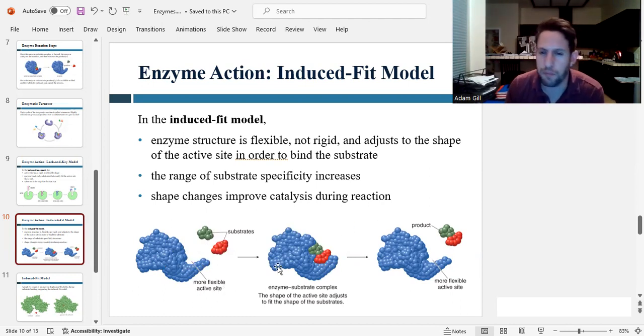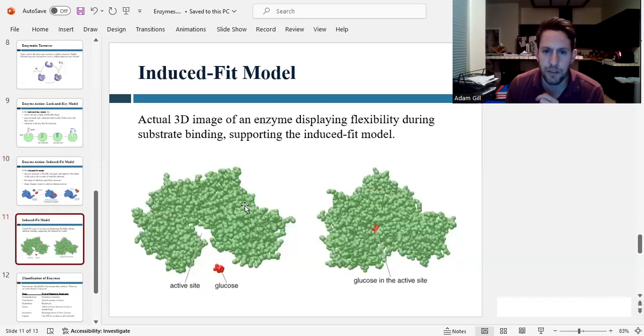We have actually proven that this model is accurate in more recent years. Here's a real 3D rendering of an enzyme that processes glucose. You can see the active site here is kind of the general shape of glucose, maybe not exactly. But once glucose binds, this whole enzyme clamps down really tight on it.